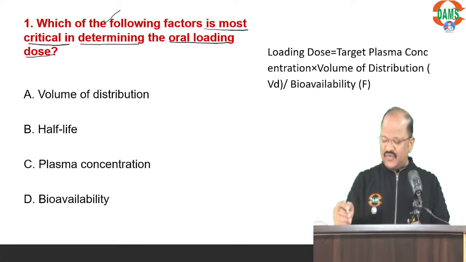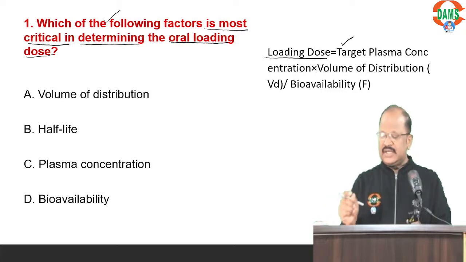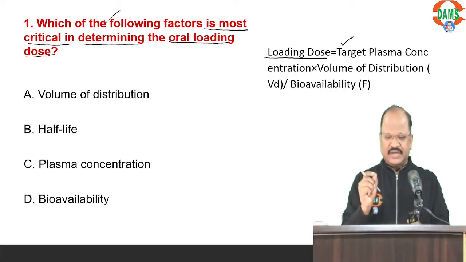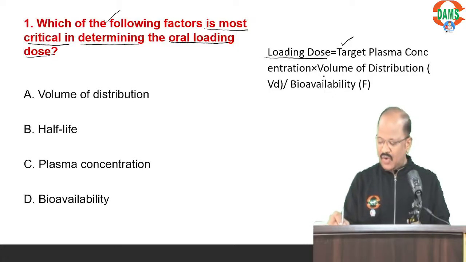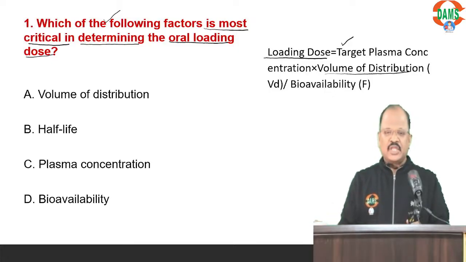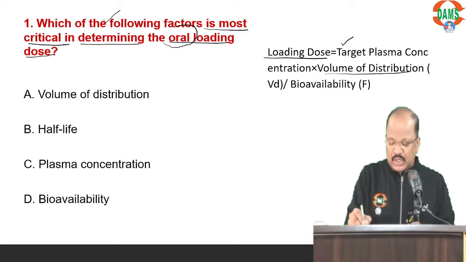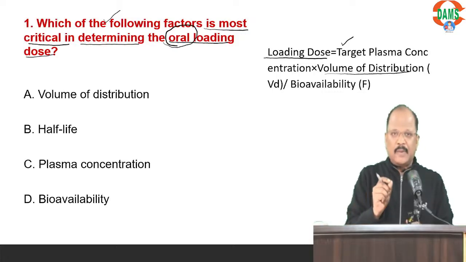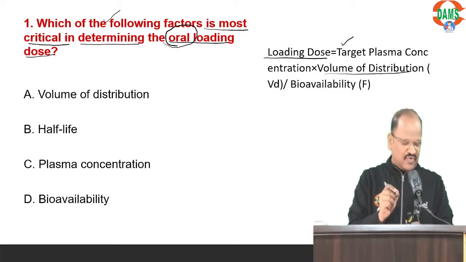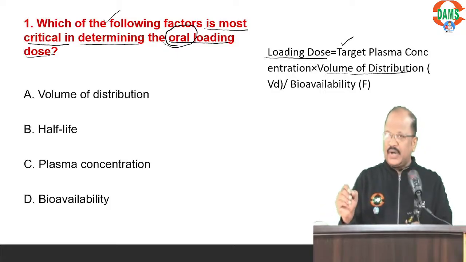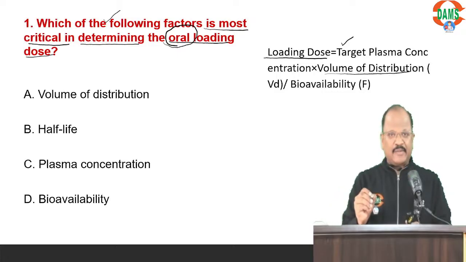The formula for loading dose is target plasma concentration multiplied by volume of distribution. For the intravenous route, mainly VD, whereas for oral loading dose you have to include bioavailability also. So the formula is target plasma concentration multiplied by VD divided by bioavailability.